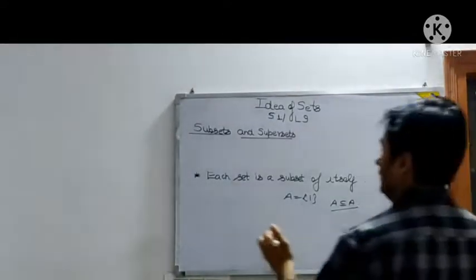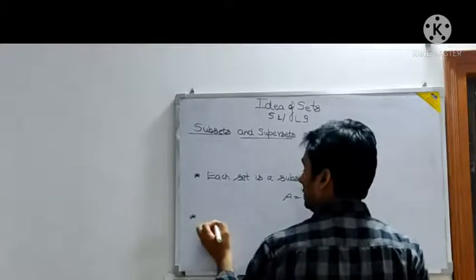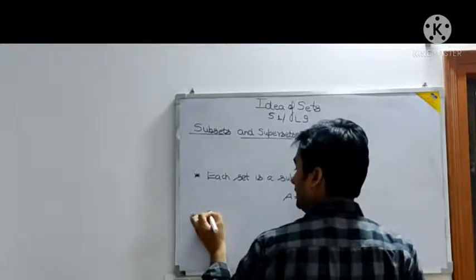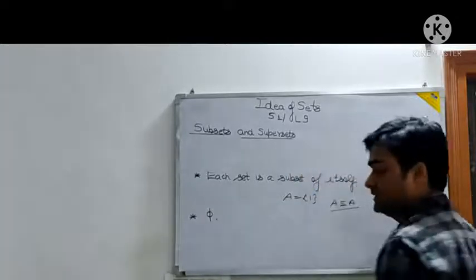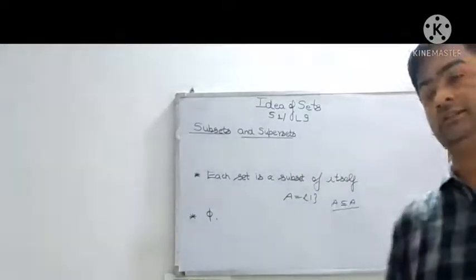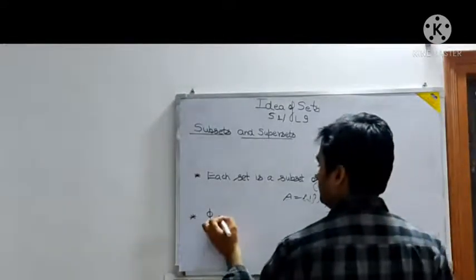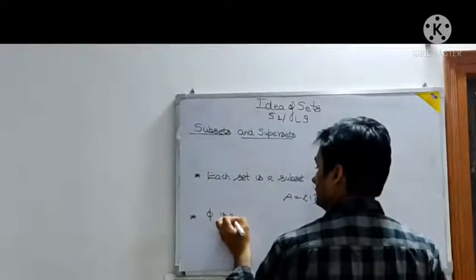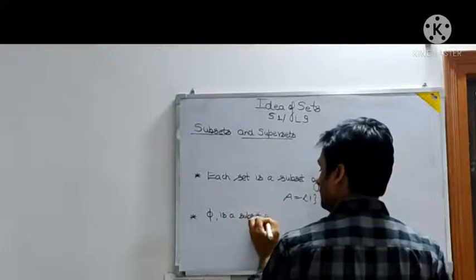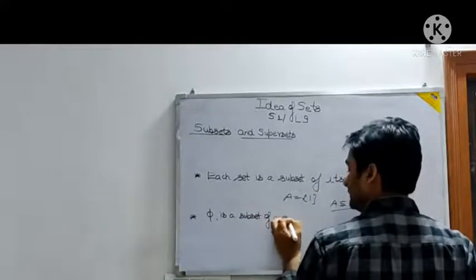One more part, the bottom line, is phi. What is phi? If you remember the last lecture, phi represents a null set or empty set. So phi is a subset of every set.